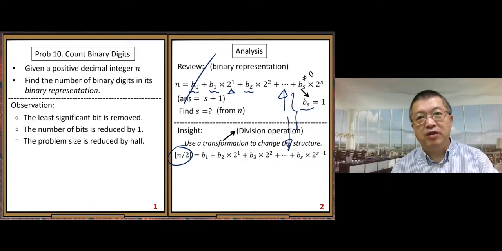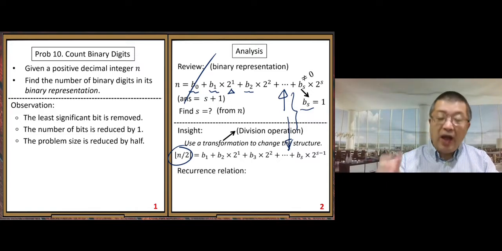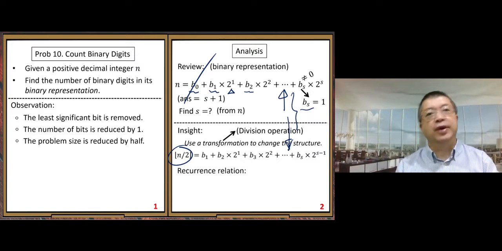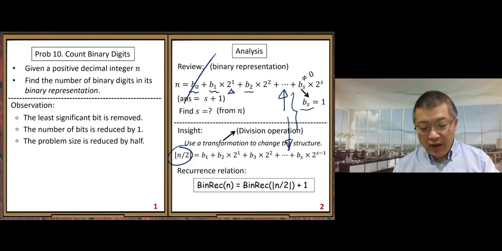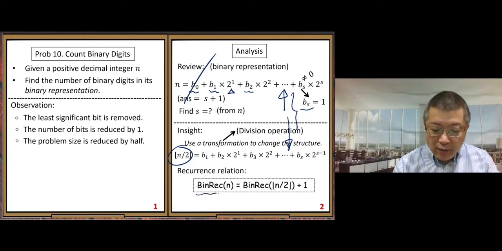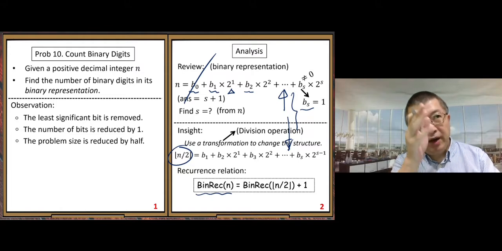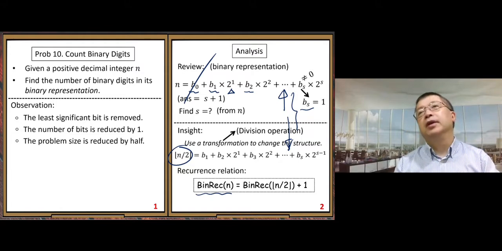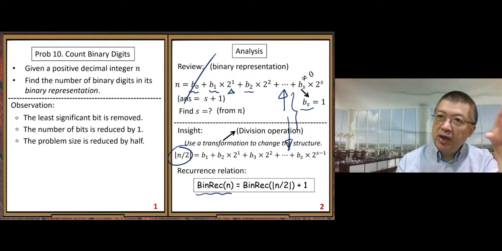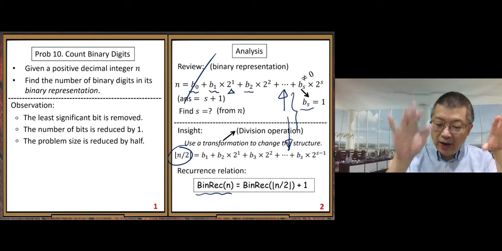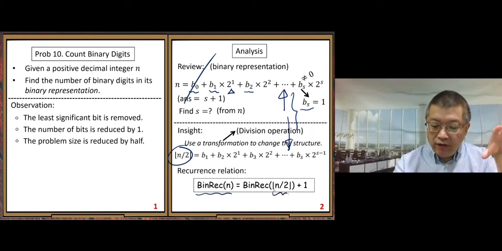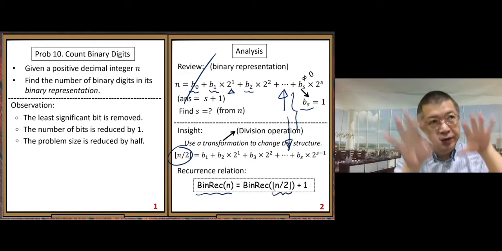So with that observation, we can derive the recurrence relation. We assume the number of bits is the function b rec of n, for problem size n. Then we do half-size reduction. The size becomes the floor of n over 2.